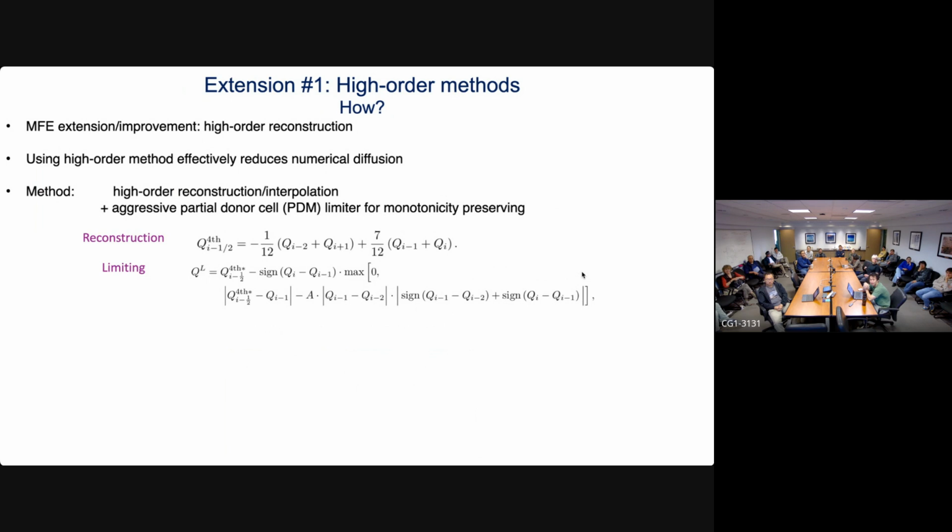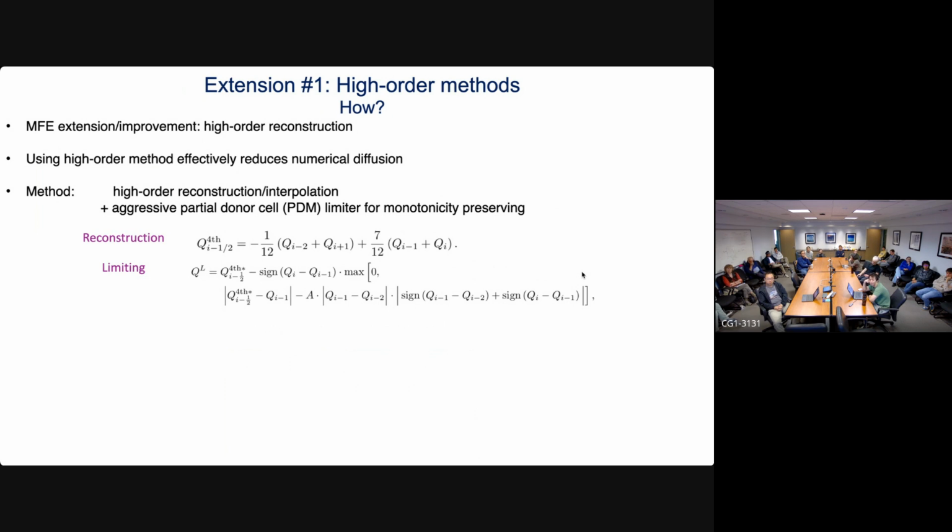So the first extension and improvement is that we decided to use the high order reconstruction method to reduce the numerical diffusion. The overall process is that we first use a high order reconstruction or interpolation method to get the cell interface left and right states from the cell average variables.